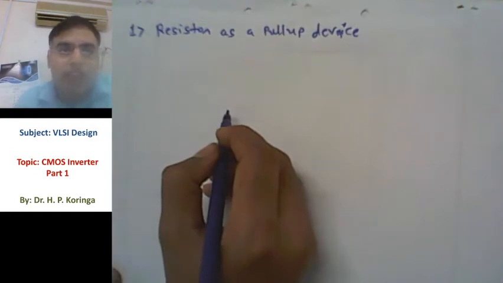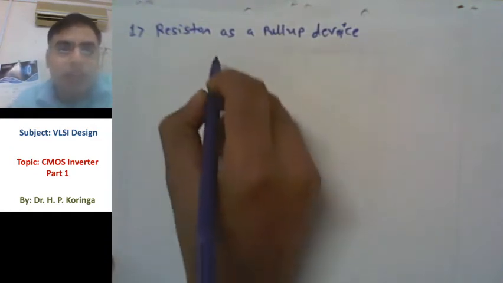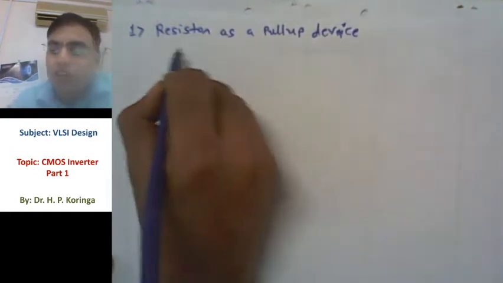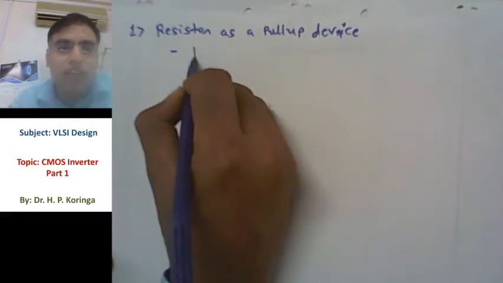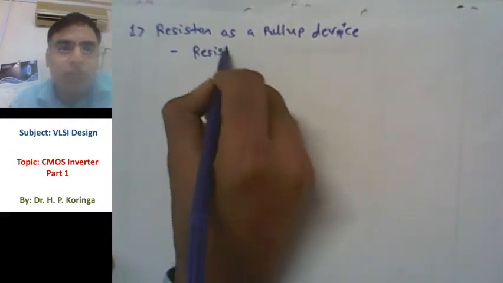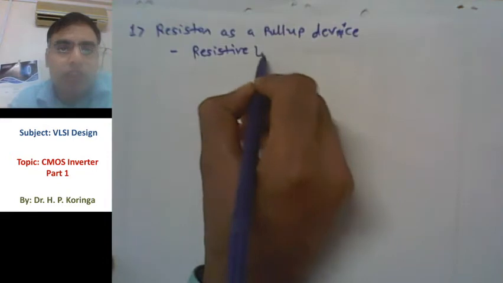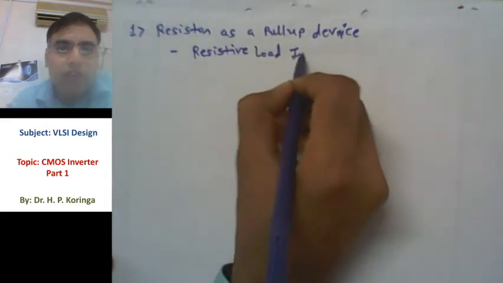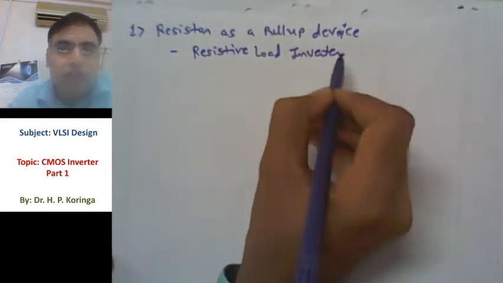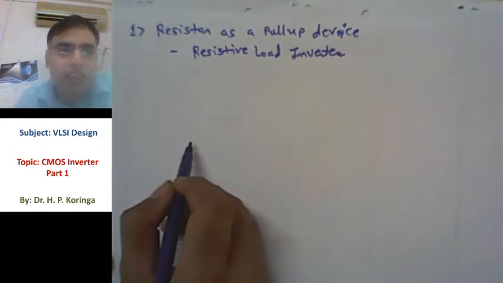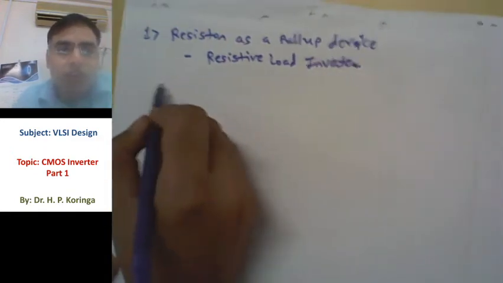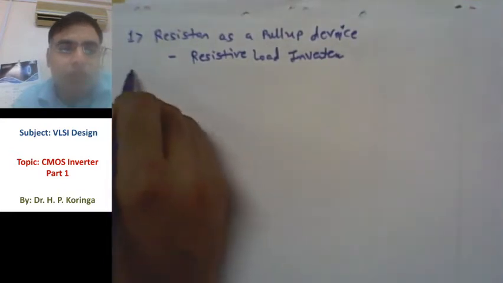And if we take a resistor as a pull-up device, this topology is called a resistive load inverter. So when we take a resistor as a pull-up device, this topology is called a resistive load inverter.